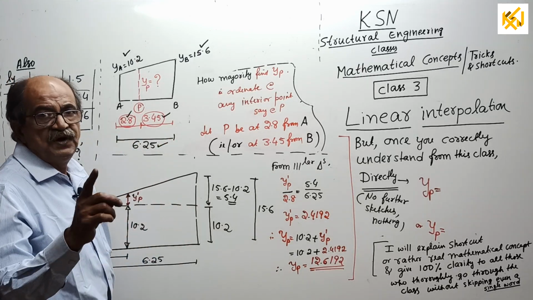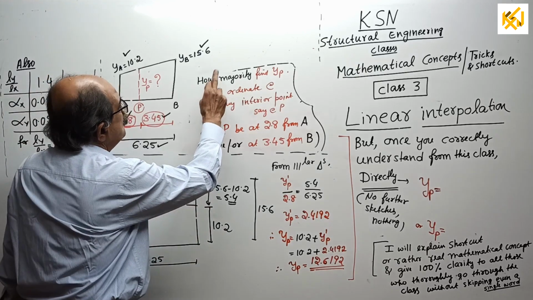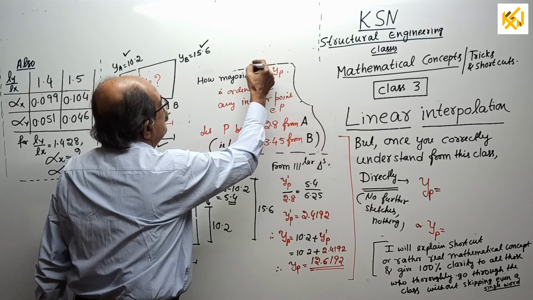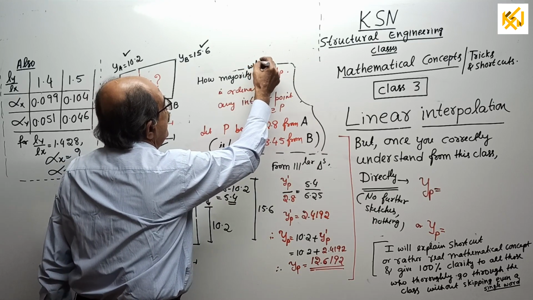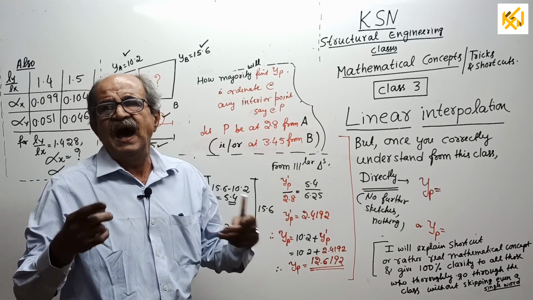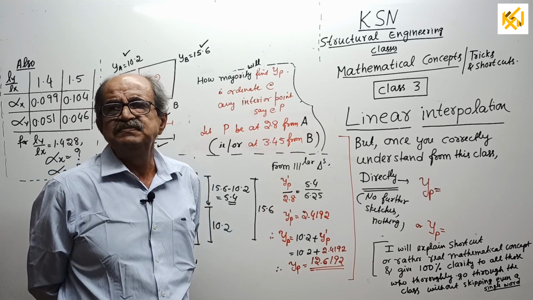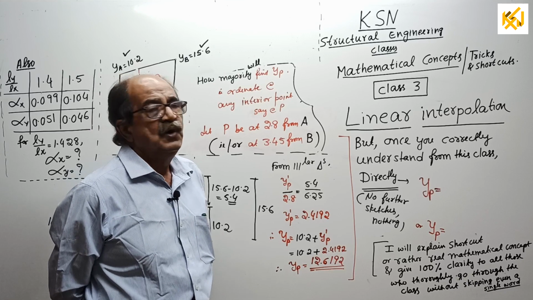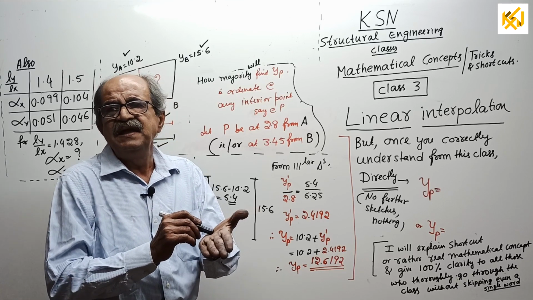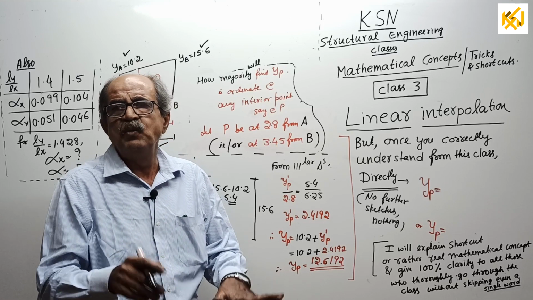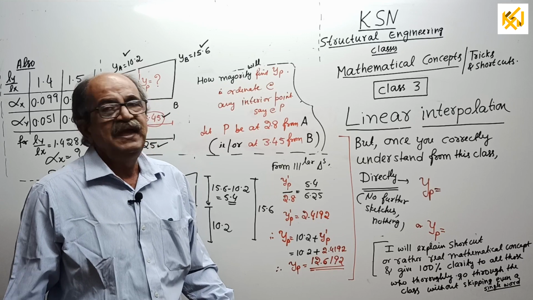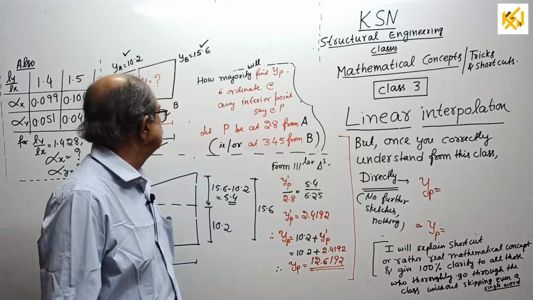Now, first I will tell how the majority will find YP, that is what I observe. I have seen my students, when such a situation comes, they take a paper and immediately start a diagram. I know the majority of you may also be doing the same thing.